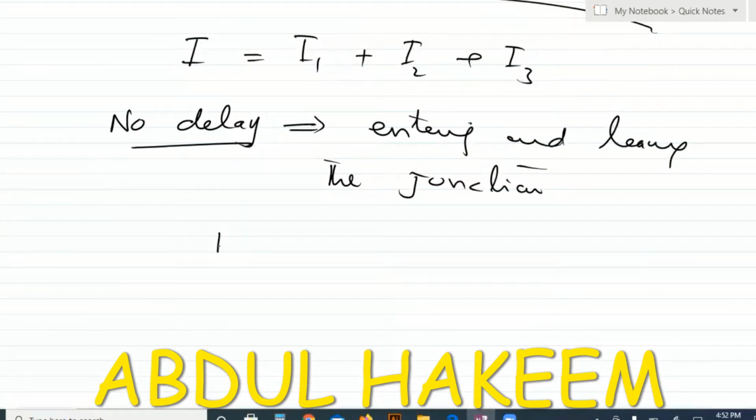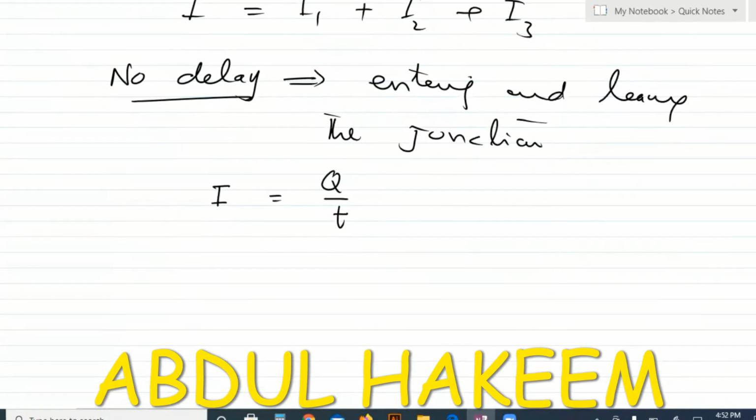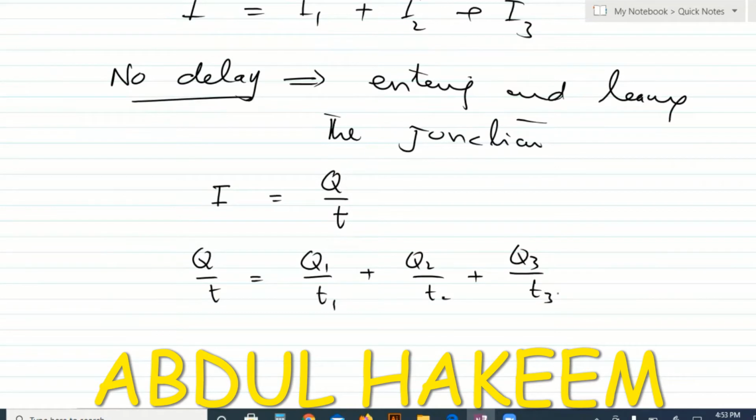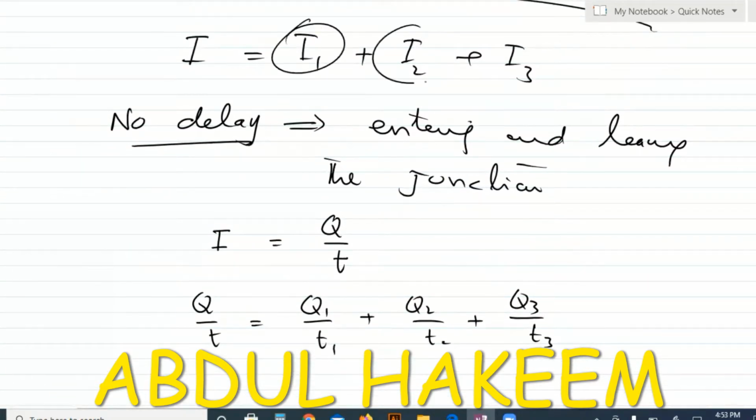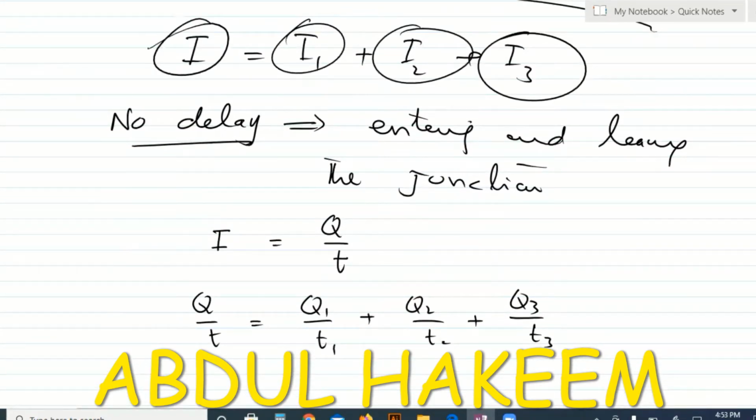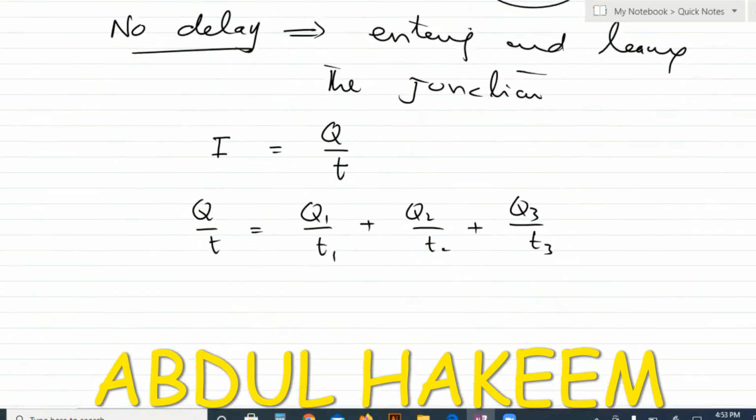Now the current I is equal to Q divided by T. So we can write Q divided by T is equal to Q1 divided by T1, Q2 divided by T2, Q3 divided by T3 instead of I1, I2, I3, and I, because I is equal to Q by T.